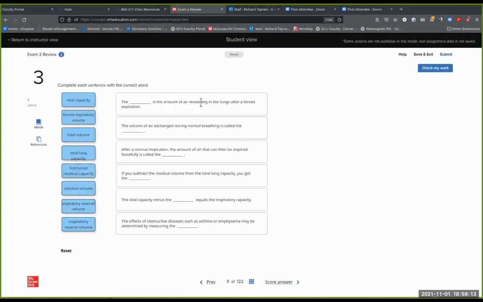So the amount of air remaining in the lungs after forced expiration is? Is that the residual volume? That's residual volume.